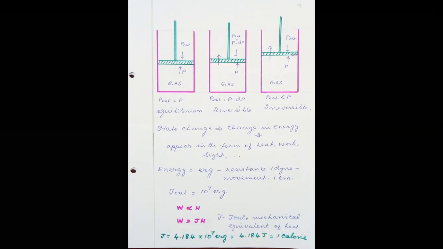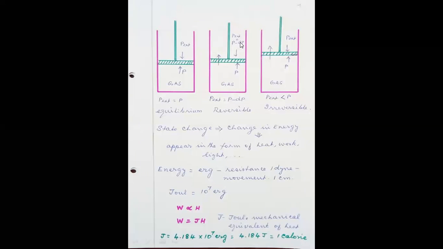So here, if the pressure of the gas inside the piston and the pressure outside the piston are equal, there is no flow of matter, so there is no mechanical work done. The pressures remain constant with time, so it is in mechanical equilibrium.